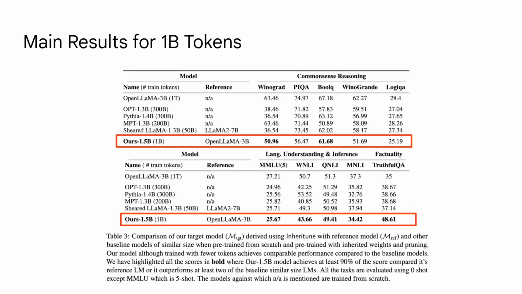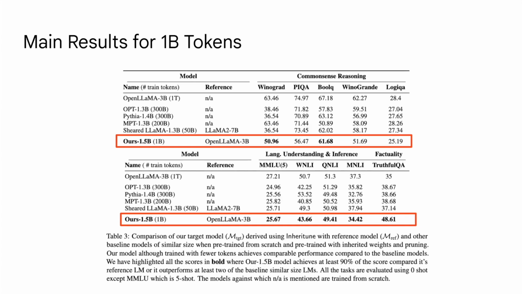Okay, so here is the same plot. This is a more nuanced version of the previous plot, where I have highlighted every data set that I have used. I have marked the number in bold where we achieve at least 90% of the reference model's accuracy, or where this smaller model wins against 2 out of 4 models of the same size.